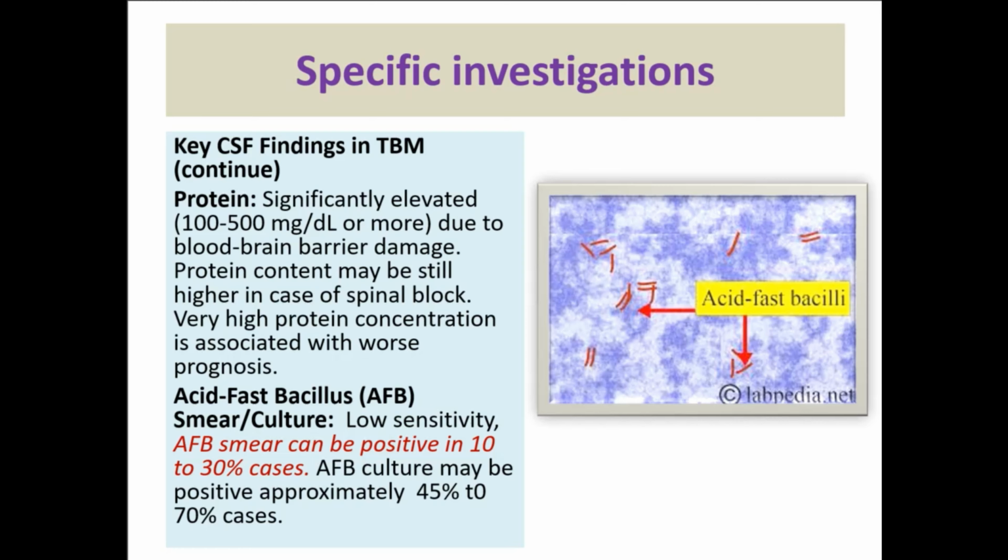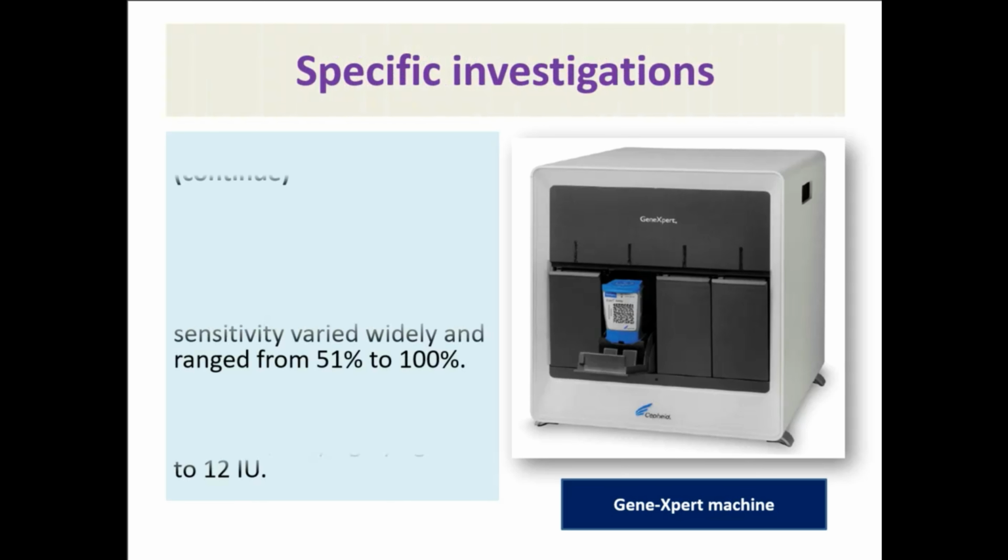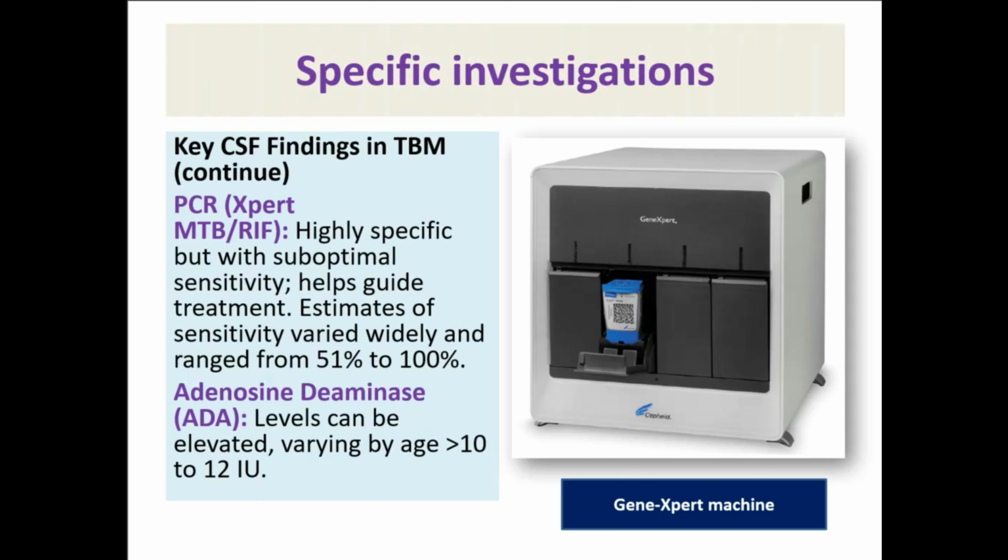Acid-fast bacillus, AFB smear culture, low sensitivity. AFB smear can be positive in 10 to 30% cases. AFB culture may be positive in approximately 45% to 70% cases. Specific investigations. Key CSF findings in TBM continue.